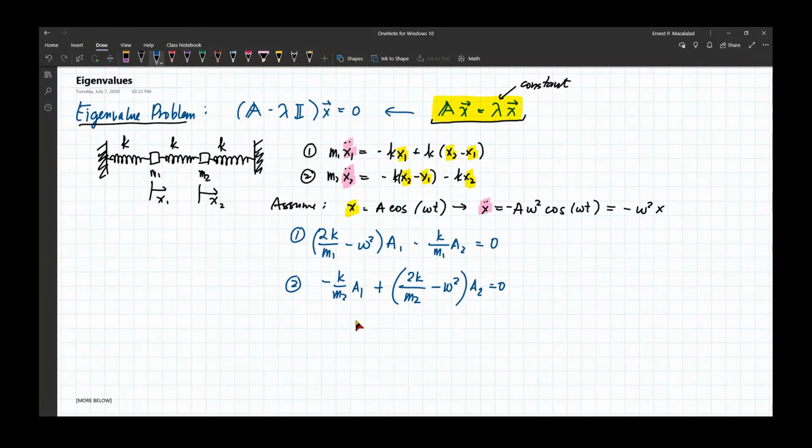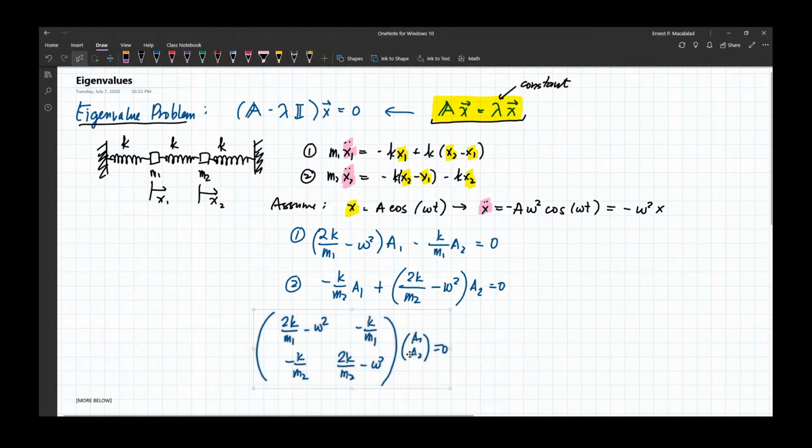Okay, so the matrix equation becomes: the matrix with 2k over m1 minus omega squared, and minus k over m1; here negative k over m2, and then 2k over m2 minus omega squared, times a1, a2 equals 0.